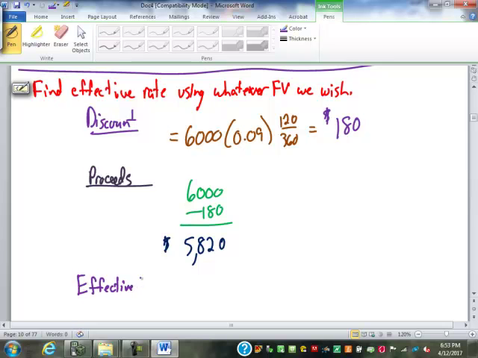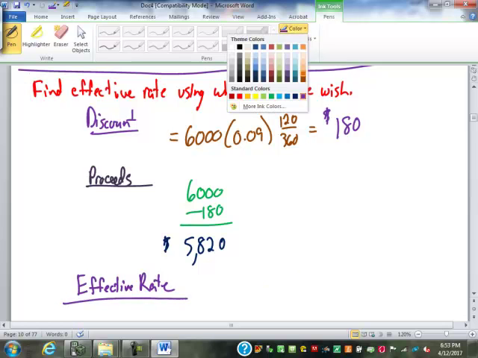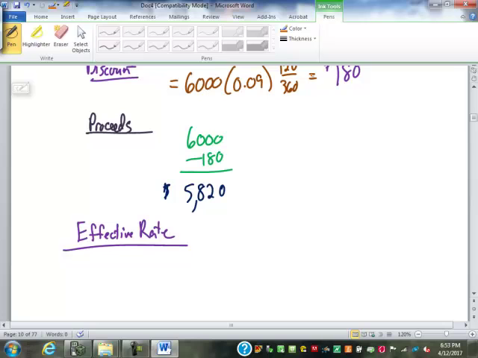So our effective rate: we have our discount of 180 equals our proceeds of 5820 times some mysterious rate times 120 over 360.